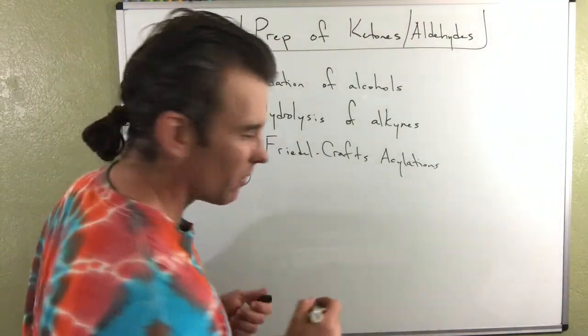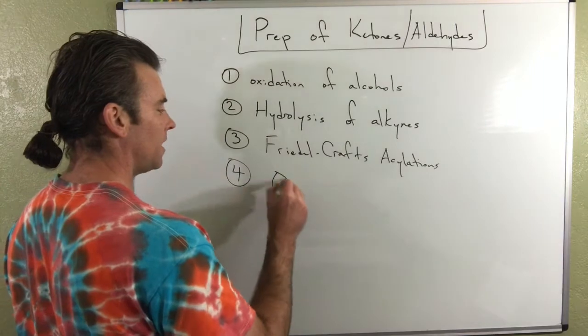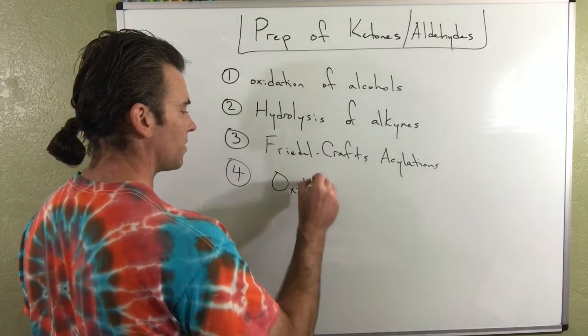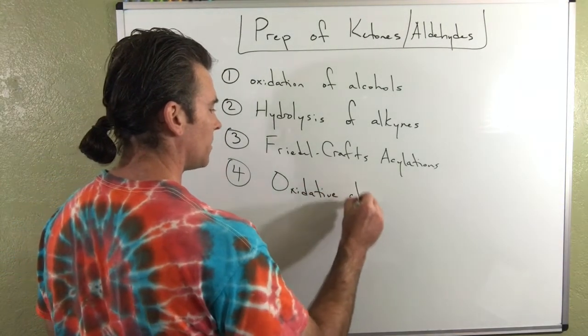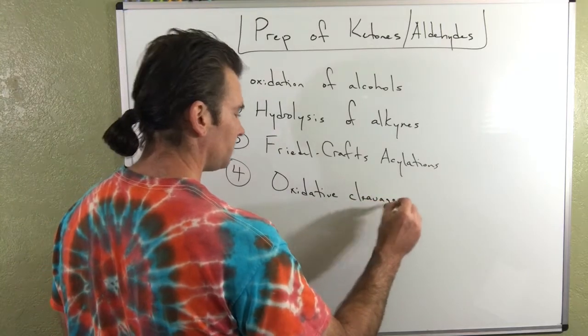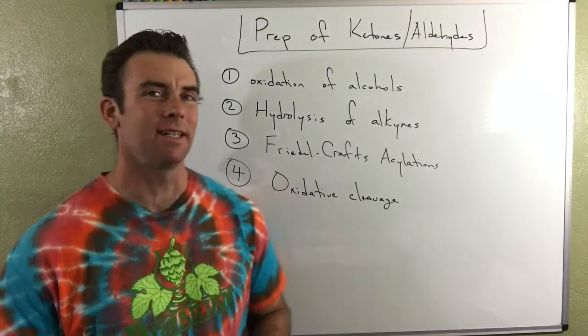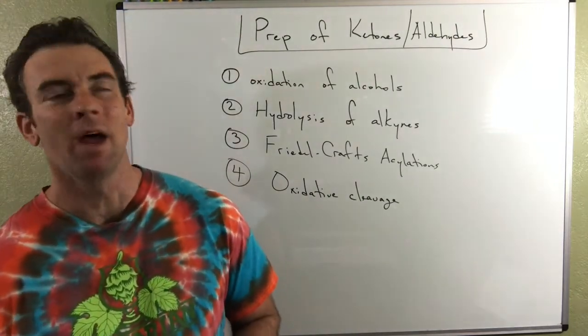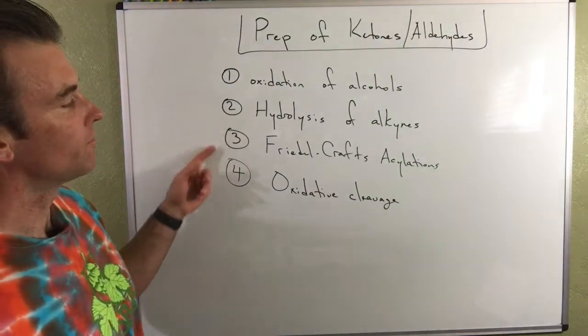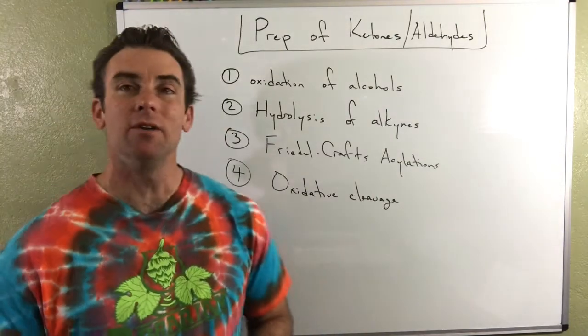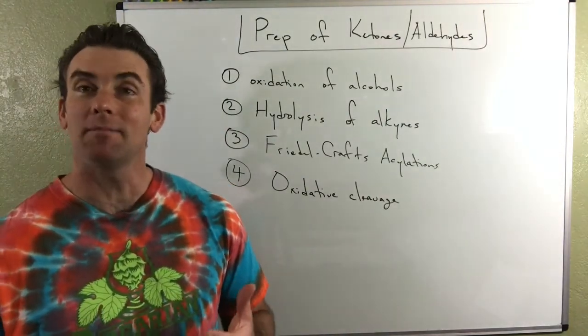And number 4, which I don't find very useful, is the oxidative cleavage reactions that we talked about. I guess probably the most useful one of those is ozonolysis in reductive conditions. So make sure that you're familiar with these, review them. If you don't know what I'm talking about, ask me about them.